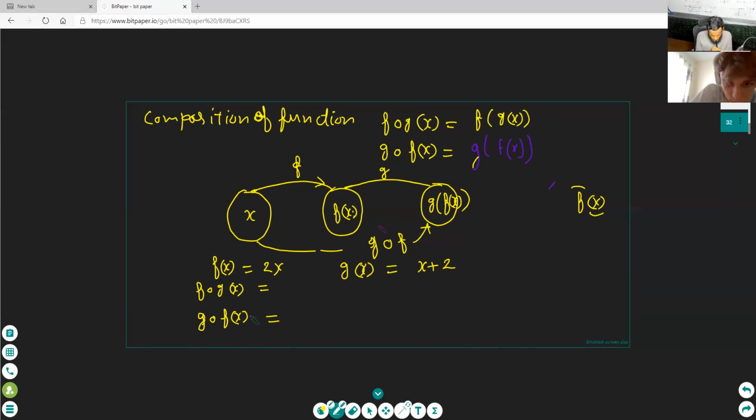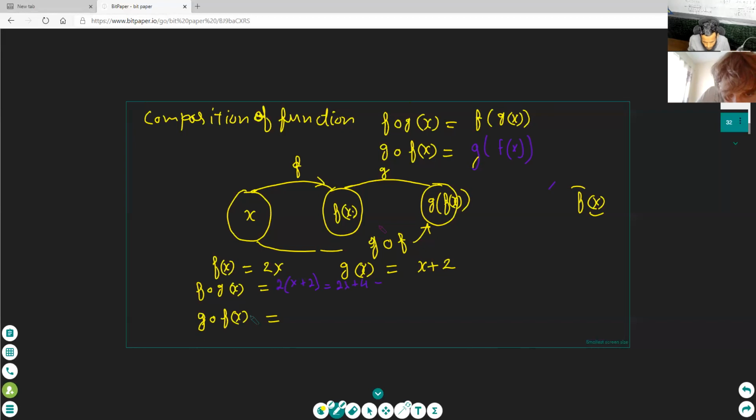So this would be it. Replace them by x plus 2, which will equal 2x plus 4.